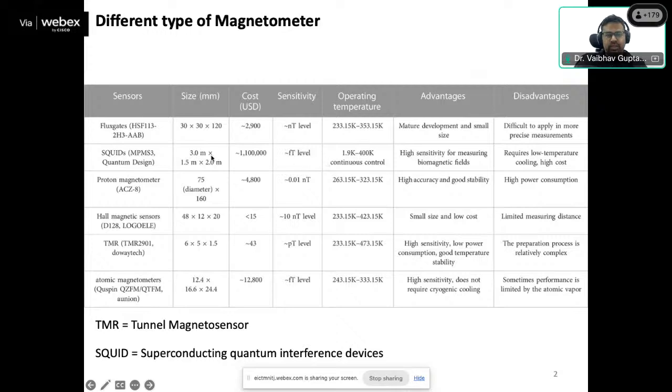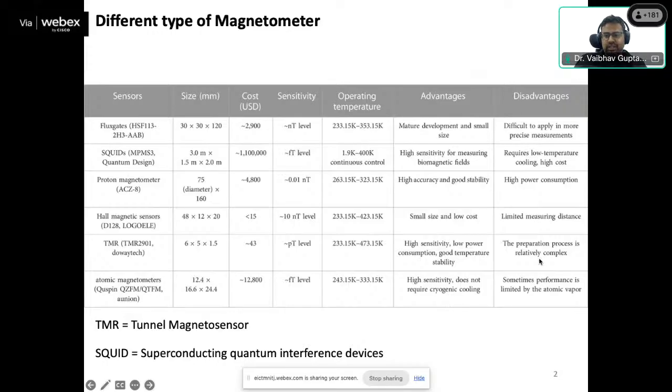Another problem with SQUID devices is that you have to maintain a very low temperature. But with an atomic magnetometer, you can work at room temperature. So as you see in the advantage section, you do not require cryogenic cooling. That is one advantage of these atomic magnetometers, and definitely the sensitivity is quite good.